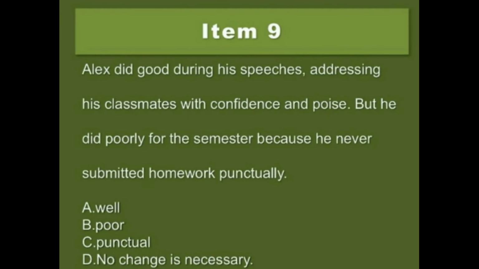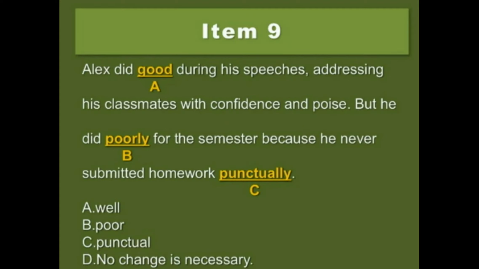Item 9. Alex did good during his speeches, addressing his classmates with confidence and poise. But he did poorly for the semester because he never submitted homework punctually. Should we change out letter A, good, letter B, poorly, letter C, punctually, or letter D, these sentences are correct and no change is necessary?